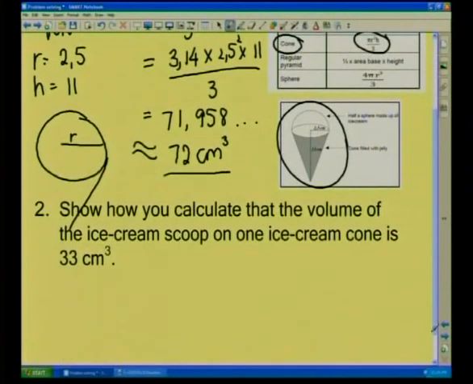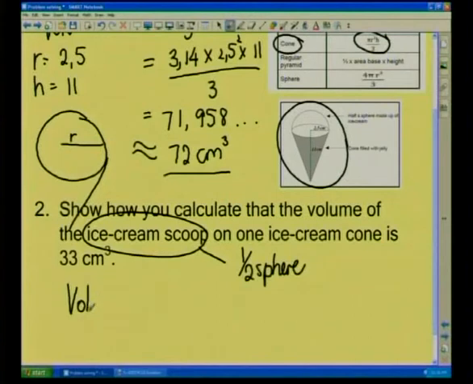The next part is show how to calculate the volume of the ice cream scoop, which we've already decided is half a sphere. So it's going to be basically the volume of the ice cream, and we're going to use this formula here because that's a sphere, but obviously we're going to have to take that and halve it.